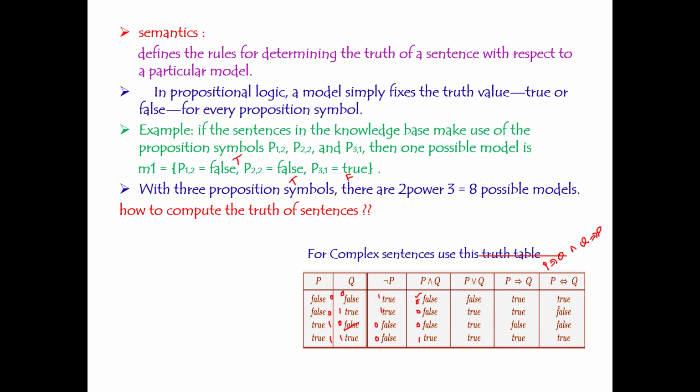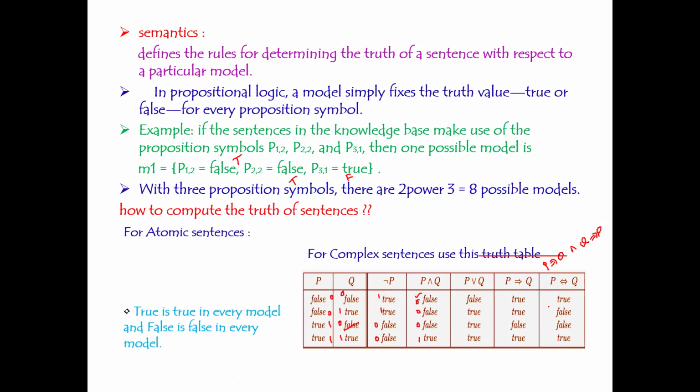So here you can remember this as only when both P and Q have the same value, this becomes true. In rest of the cases, it is false. You have to learn by heart this truth table in order to compute the truth of a sentence.